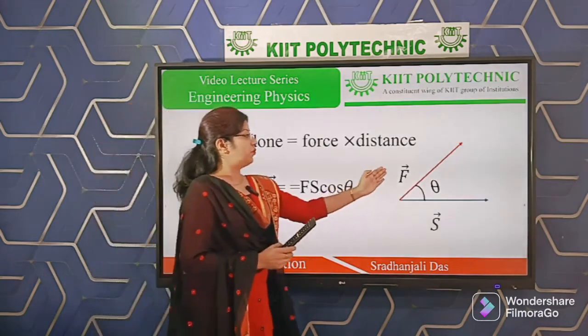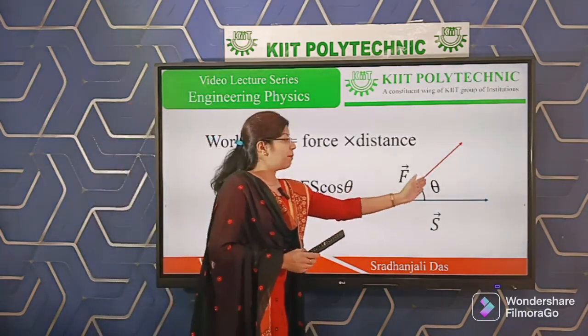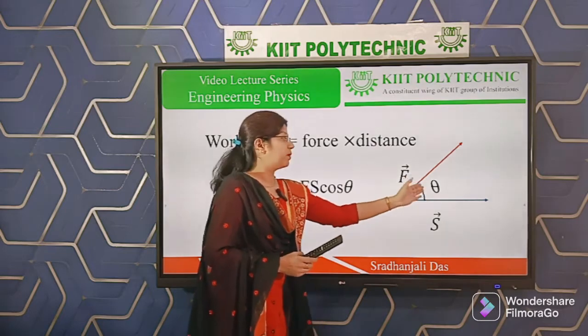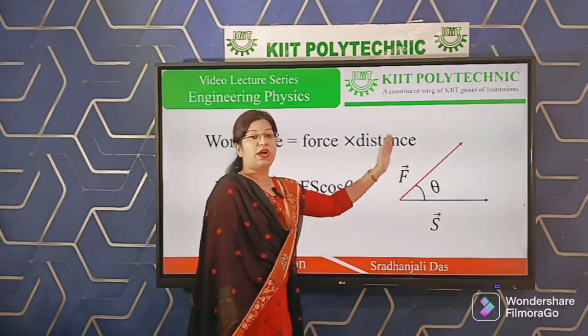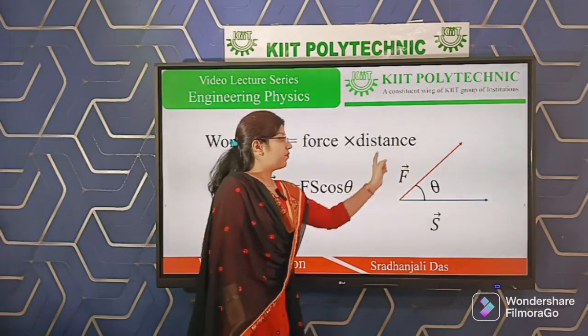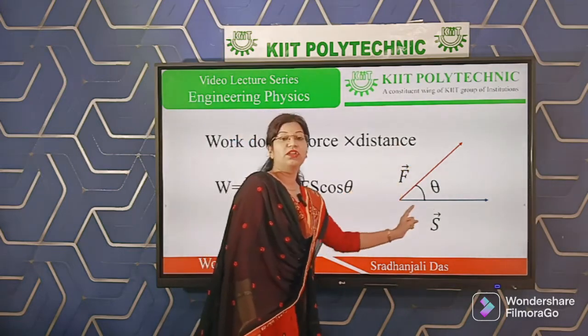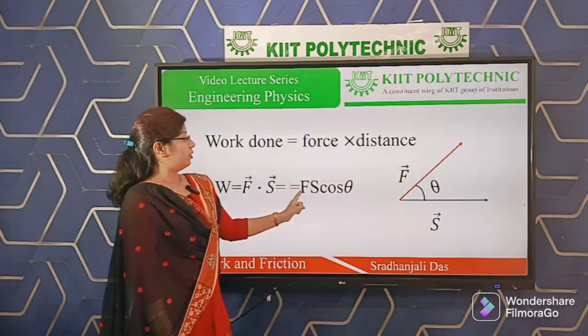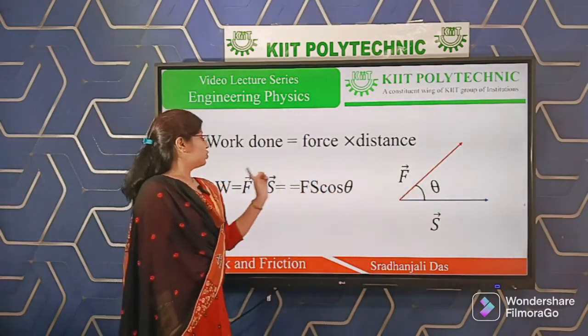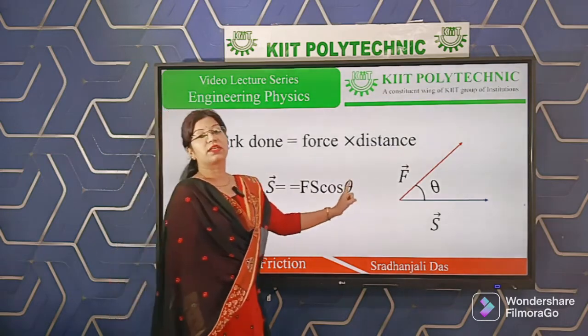Just see, this is your force, this is your displacement, making an angle theta between them. As we know from resolution, if we split this force, then F has a component along the displacement which is F cos theta. So here we have put this F cos theta. So the work done is equal to Fs cos theta.